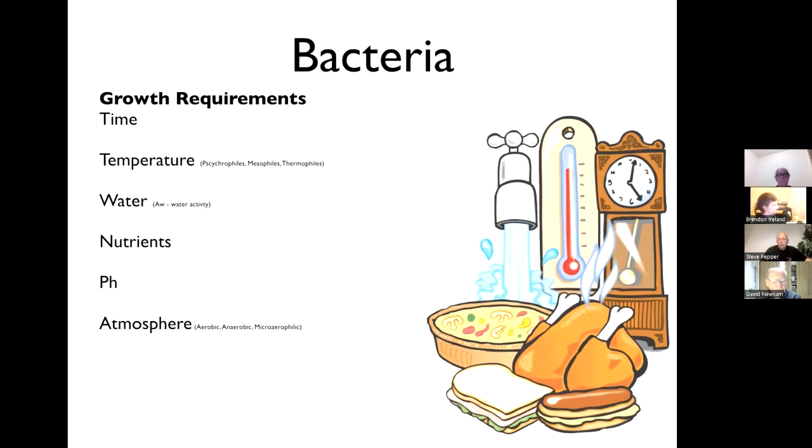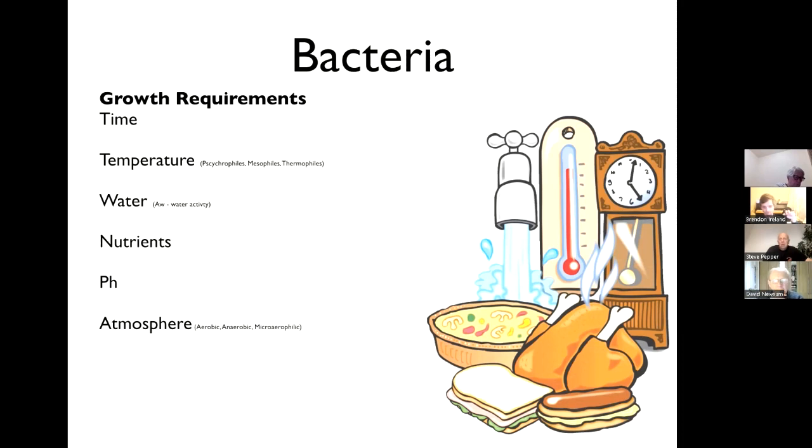They've got to have water, the same as any living thing, which is measured by aW, or water activity. They've got to have nutrients, and with E. coli, it's things like beef, venison, lamb, etc. The pH, or the acidity, of the substance the bacteria are found in will effectively help control them.